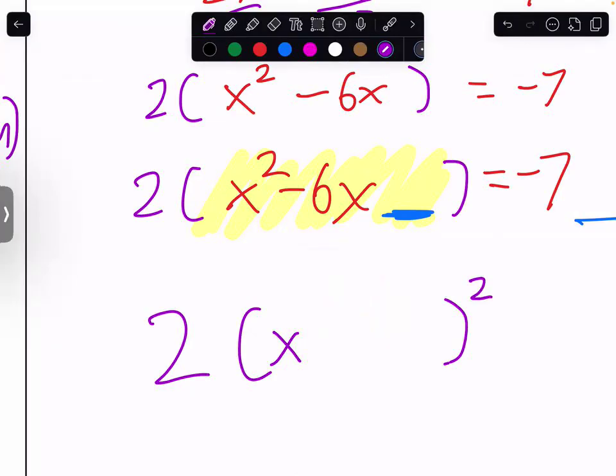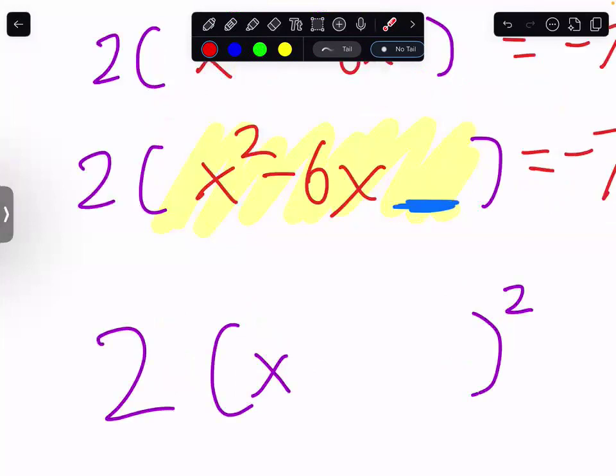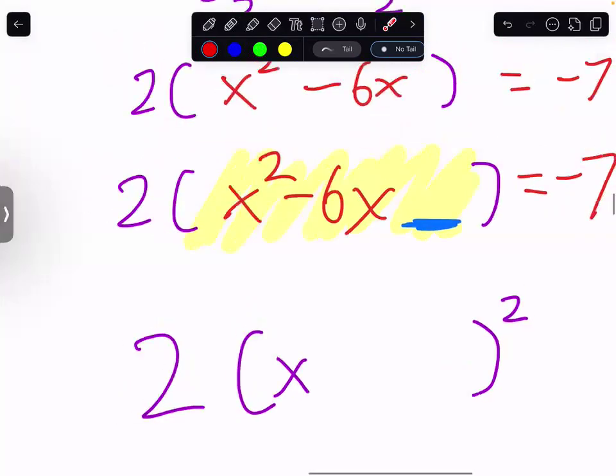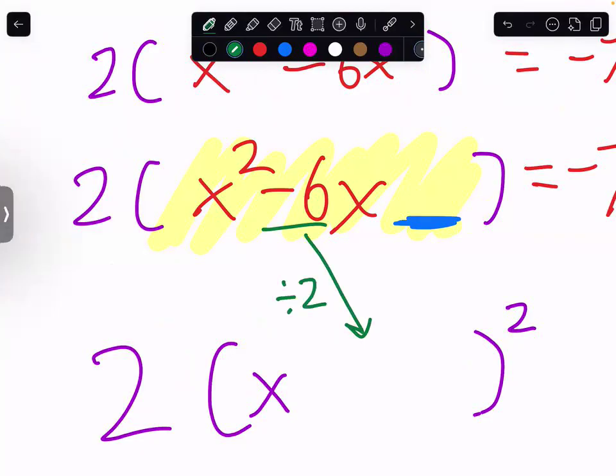This changes it from a trinomial to a perfect square binomial. Now we can do what we did on the front page. We said divide the current b value by 2. So -6 divided by 2 would be -3.